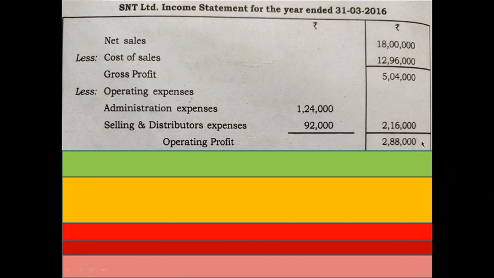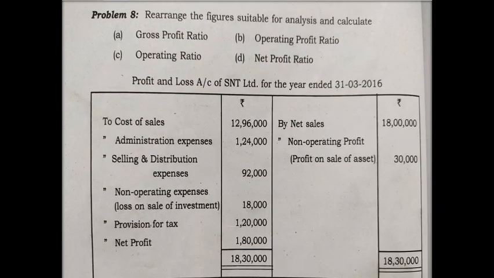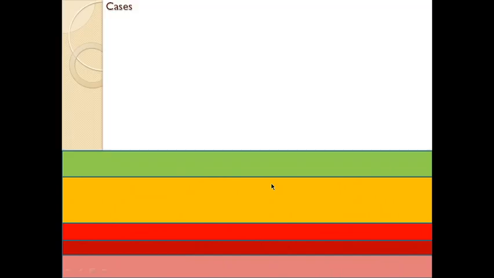See, 2,88,000. And the same amount is not given in the question. That's why we prepare the income statement. And from the operating profit, you need to adjust the next head, non-operating items, that is non-operating income and non-operating expenses. You need to adjust these two amounts in order to find the next part.